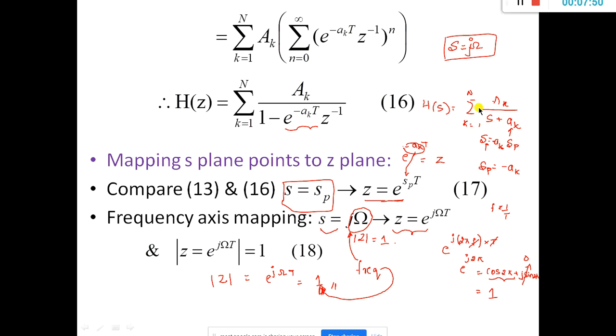With one blank slide, I would like to explain the meaning of e to the power of j theta equal to 1.